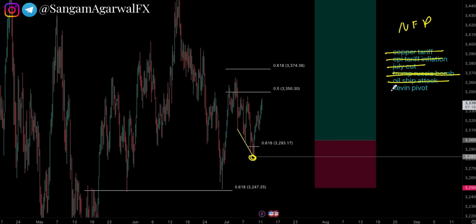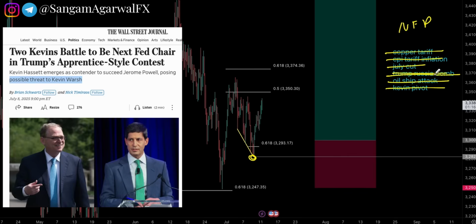And monetary policy, Kevin Warsh: if he is the new Fed chair, then monetary policy expectations change. Trump said he will choose any person as Fed chair who will only cut interest rates, not hike, not pause. Suddenly his tone changed and he is talking about rate cuts. That is a big shocking change.